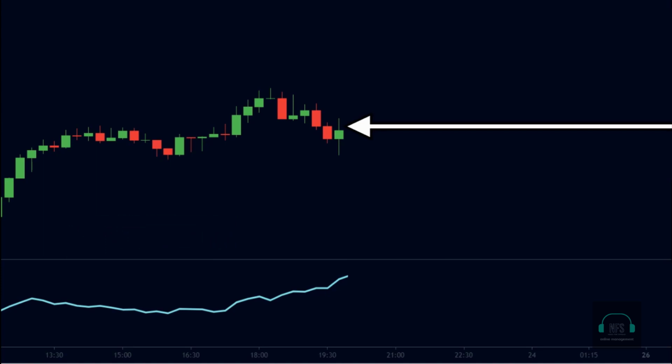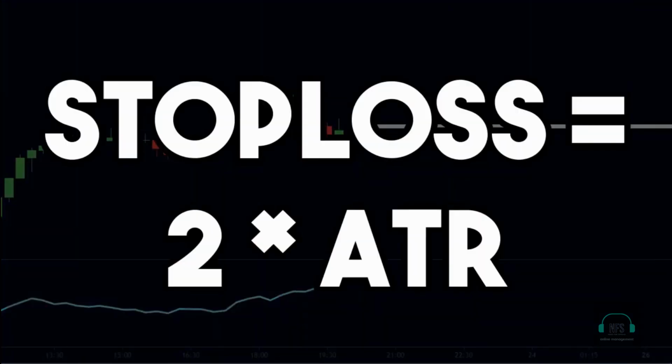Now, to set a stop loss, we will look at the value of the ATR. The value of the ATR at the time of our entry was 82 pips. Now, generally speaking, I like to keep a stop loss that is at least 2 times the value of the ATR.